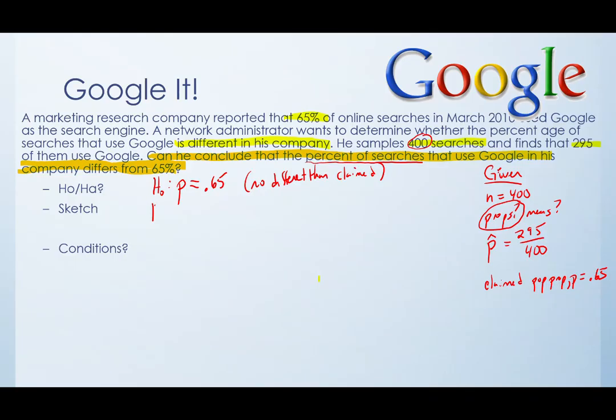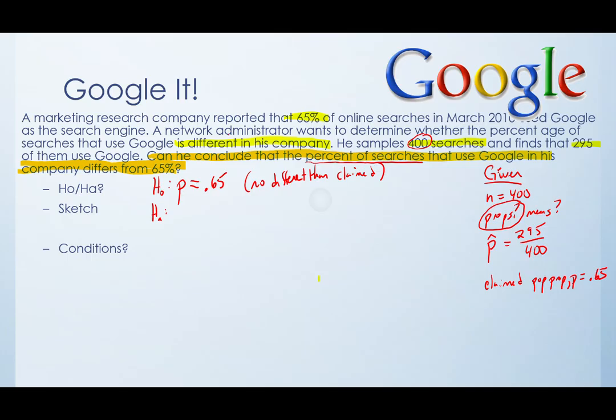All right, what's the alternate hypothesis? That's where the sentence I highlighted in orange comes in, the question: can he conclude that the percent of searches differs from 65%? That question was really formed before he took the sample, because he wants to determine whether the percentage of searches that use Google is different.